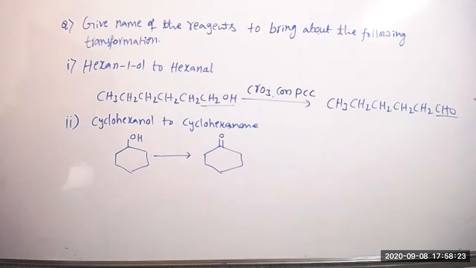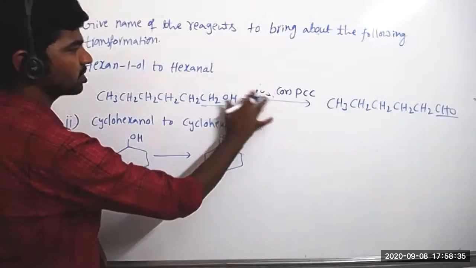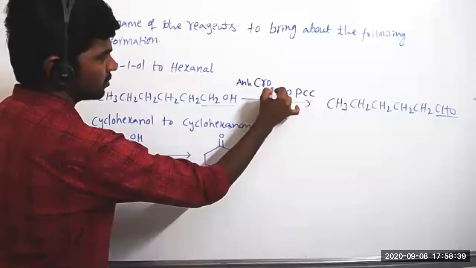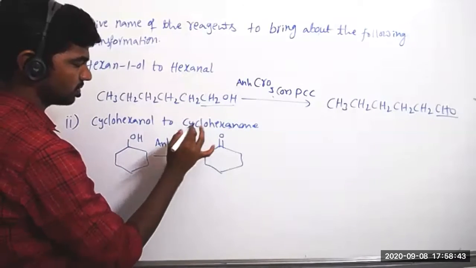We converted alcohol to ketones, so we require an oxidizing reagent, that is also a mild oxidizing reagent. So CrO3 only. But whatever CrO3 we are using, that is anhydrous only. So here also anhydrous CrO3.